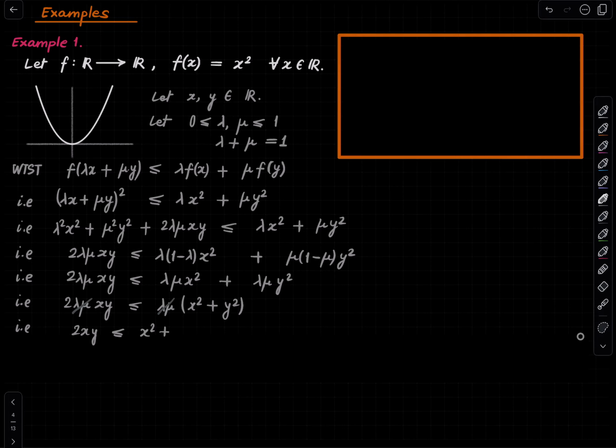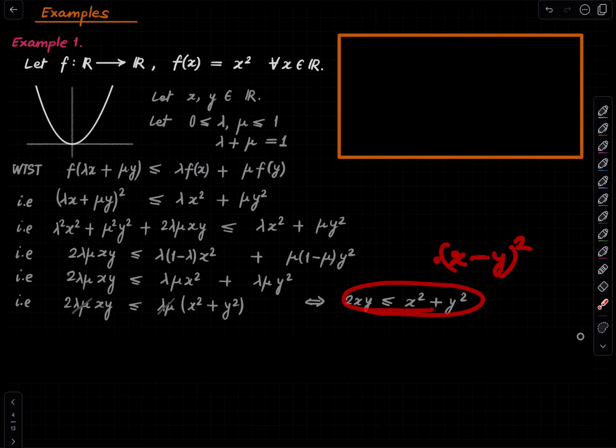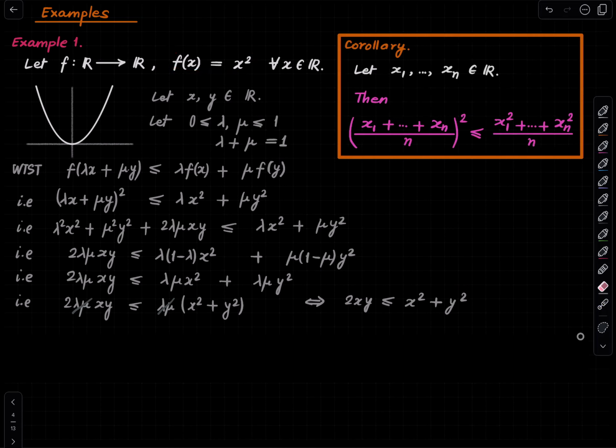Just give me 1 second. So let me write it here. So we want to show 2xy is at most x square plus y square, but that is true. Right? This is clear because x minus y whole square is non-negative, and if you just expand it out, you get that.